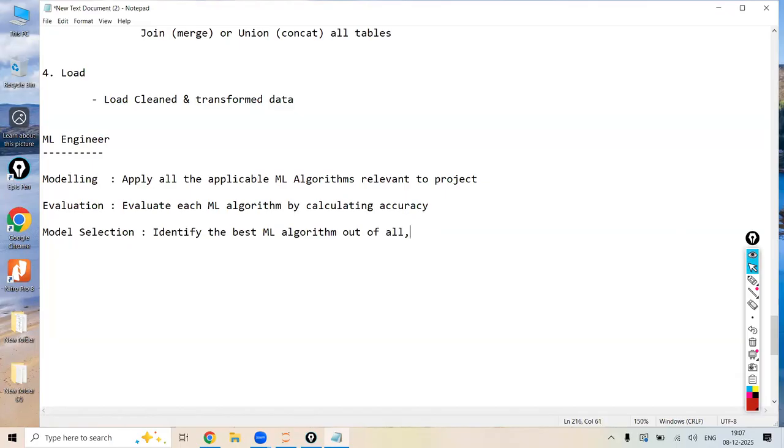Identifying the best ML algorithm out of all of them is called model selection. And finally, save the model. This is the work.